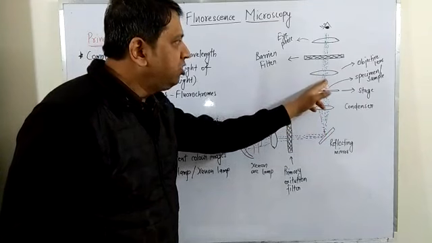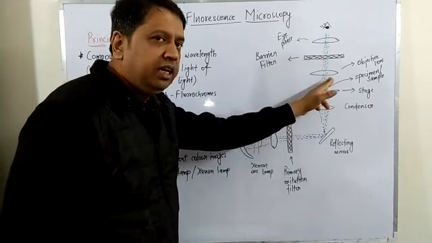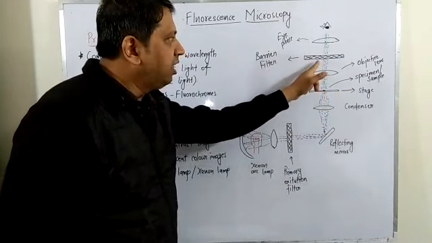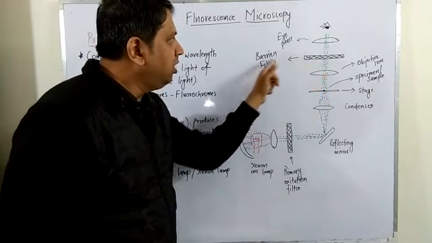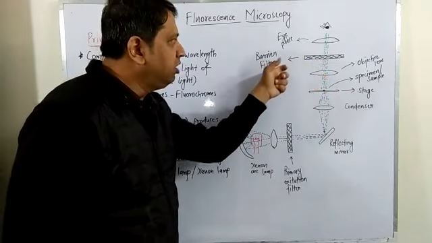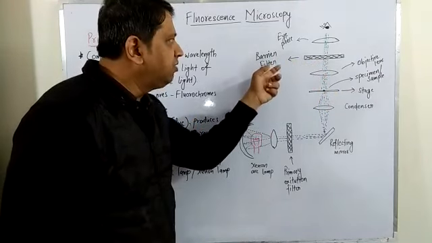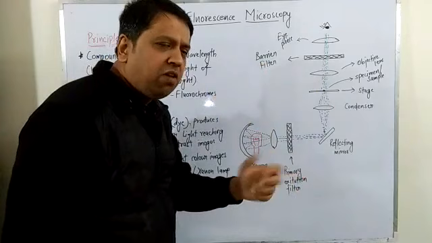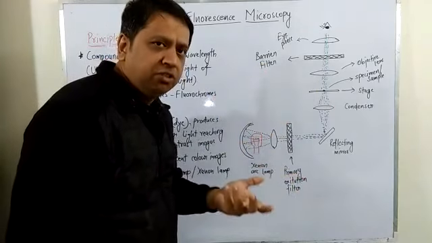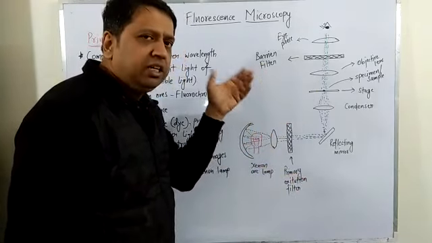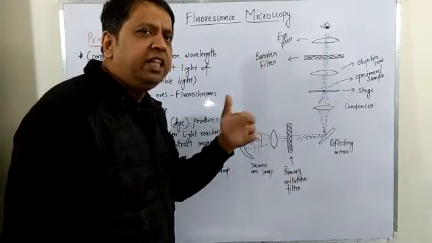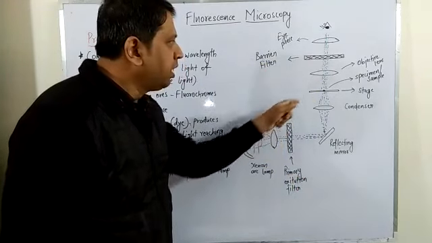So this mixture of green light and blue light goes to the barrier filter. The barrier filter is selected on the basis of which dye we are using; every dye has its specific barrier filter.